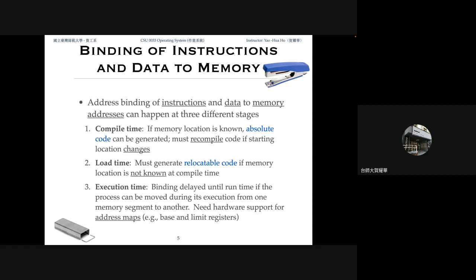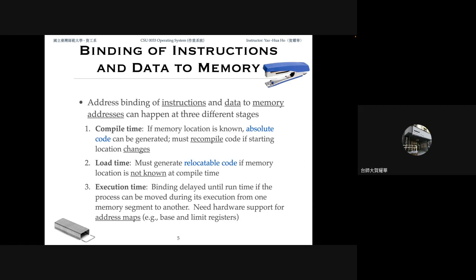Then, of course, most of the time it is the load time. It generates relocatable code if the memory location is not known at compilation time. When you write and compile a program, you do not know where it will be loaded in memory, so you generate something called a logical address space.